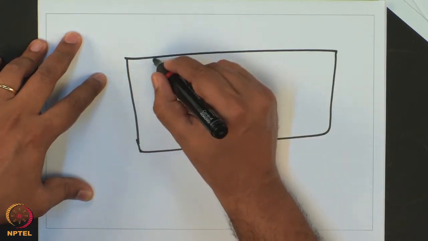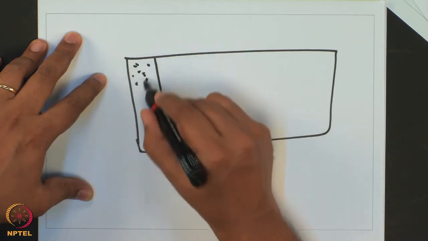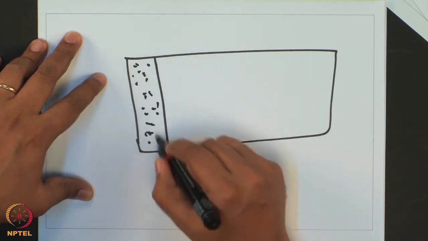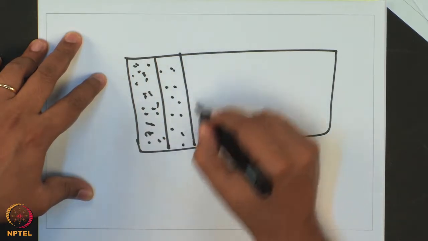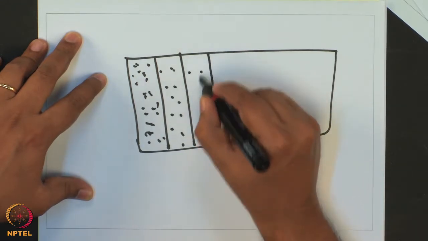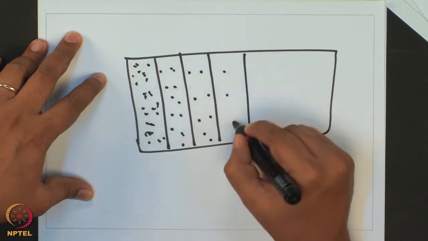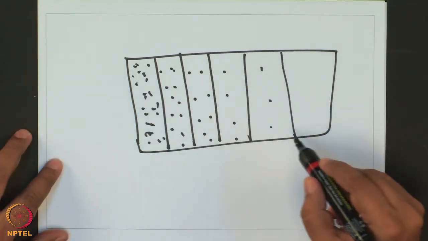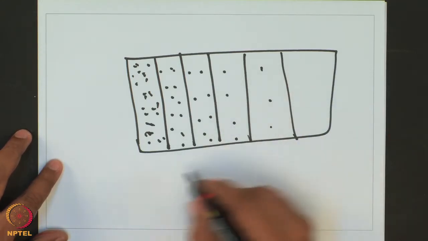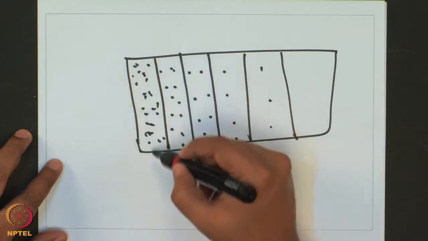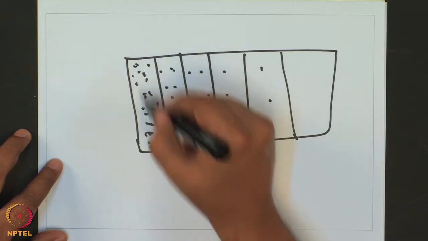So let us say it is the same concentration everywhere here, and at the next step the concentration is reduced a little bit, and at the next step it is reduced further, and further. Here the concentration is 0. So this tells us that the concentration is independent of y. For all y values, the concentration is the same.